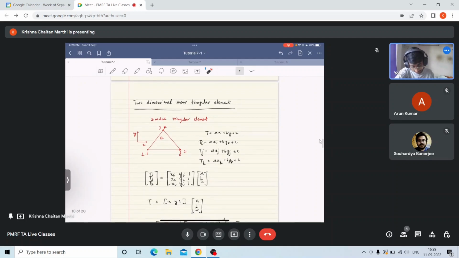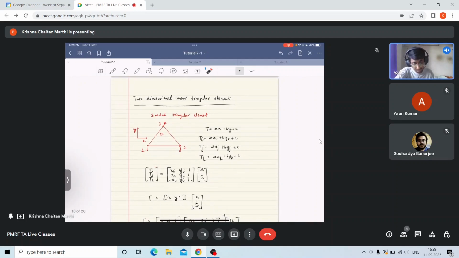So I have Ti, Tj, Tk, and I can write this as [xi, yi, 1] times [A, B, C]. So basically I am writing these three equations in the form of this matrix notation. And any temperature can be written as [x, y, 1] times [A, B, C].